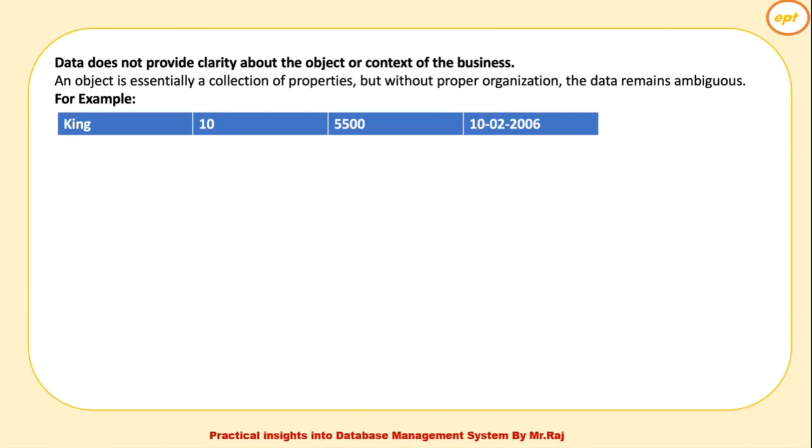Now I have one particular record taken from the raw data. Can you tell me exactly what the first column is talking about? First column only. King is there, right? Can you tell me what this is all about?